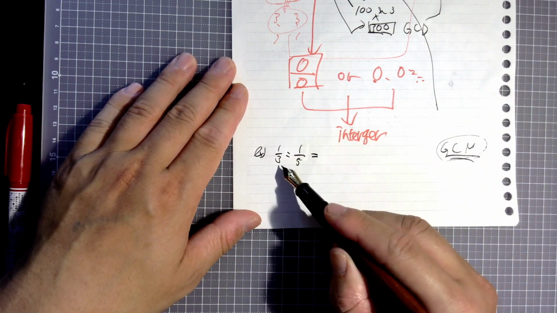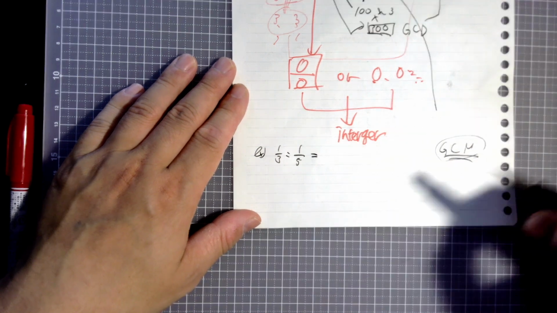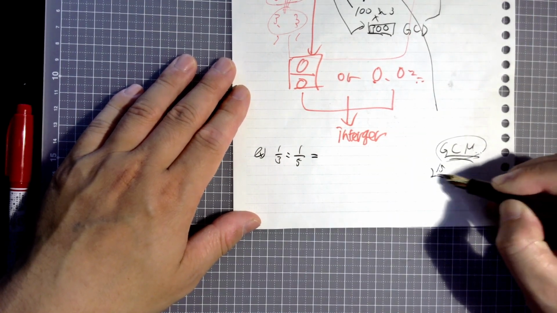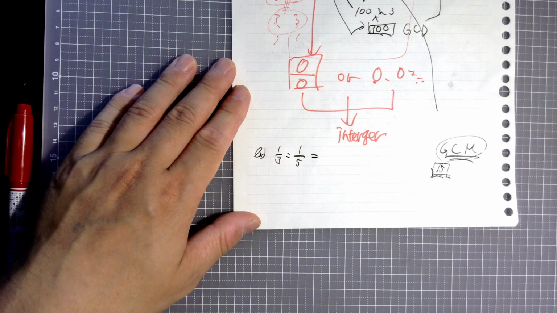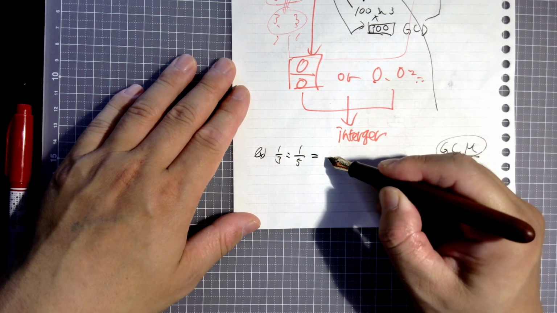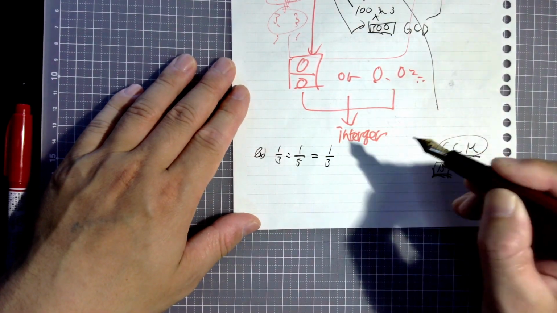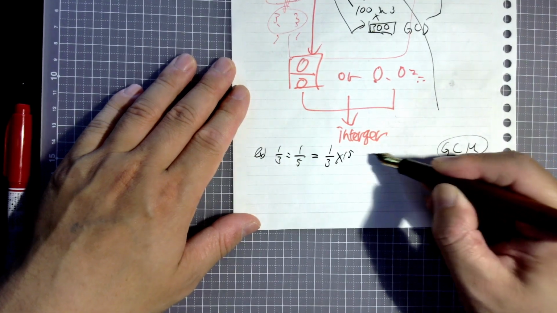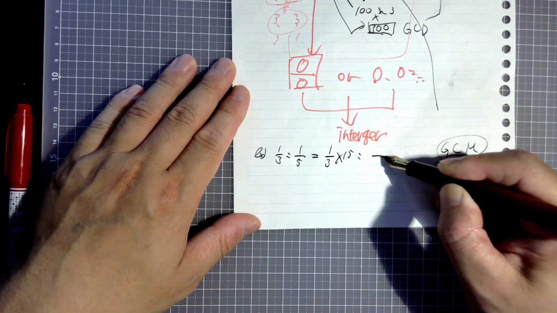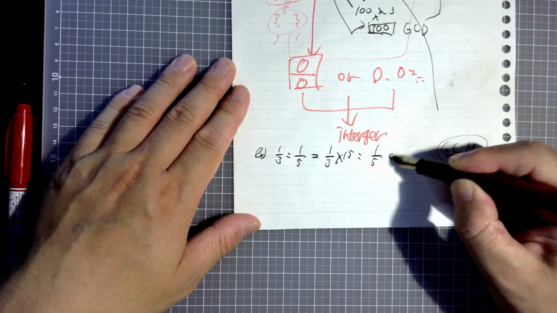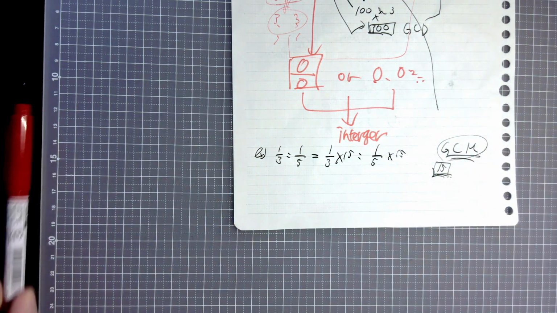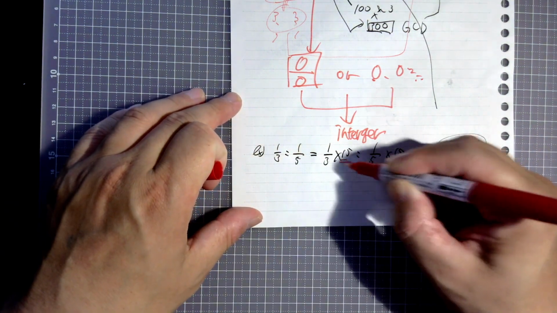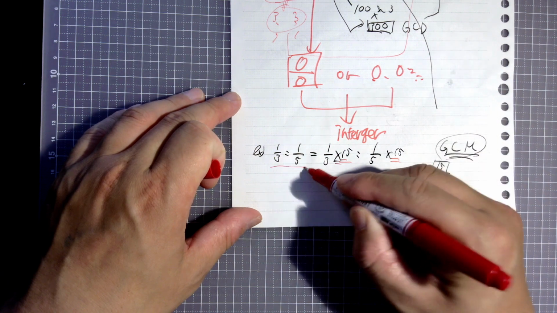That is number 15. So 1/3 times 15 to 1/5 times 15. As I just told you, you can multiply or divide these numbers by the same number.